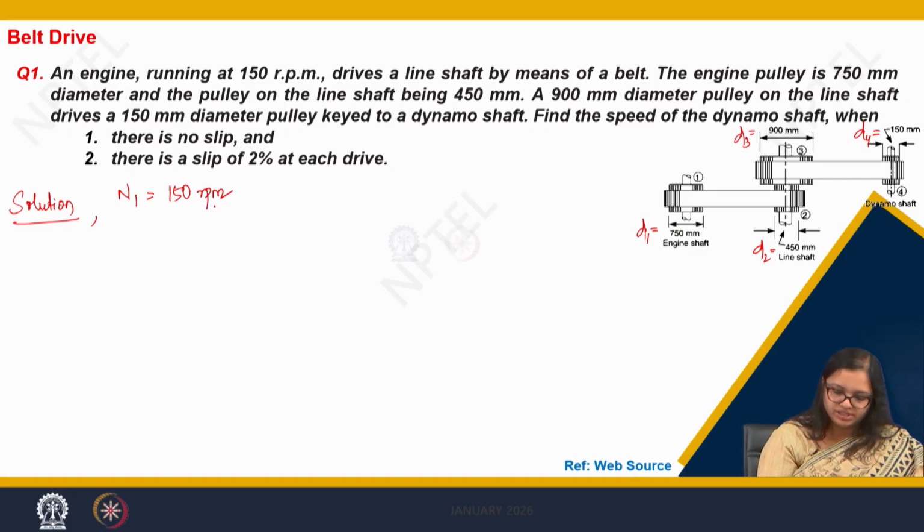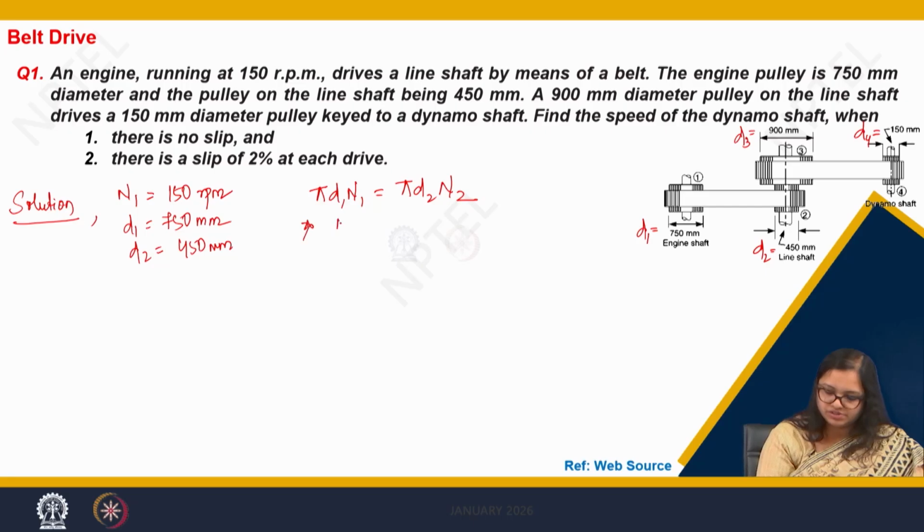N1 is 150 rpm, D1 is 750 mm, and D2 is 450 mm. What do we know? That pi D1 N1 is equal to pi D2 N2. So, this gives N1 by N2 equal to D2 by D1.